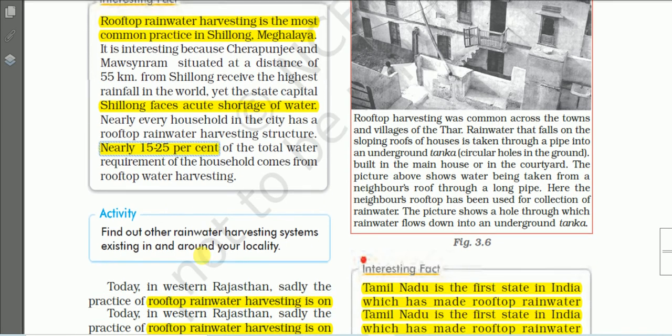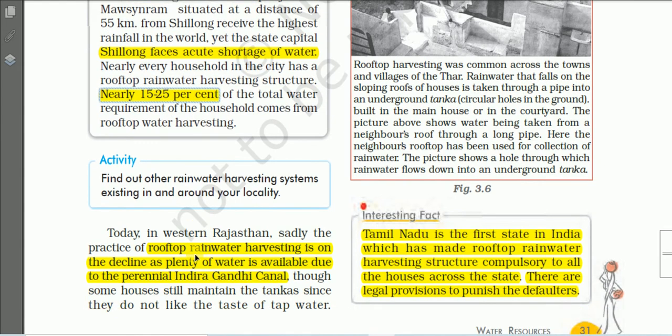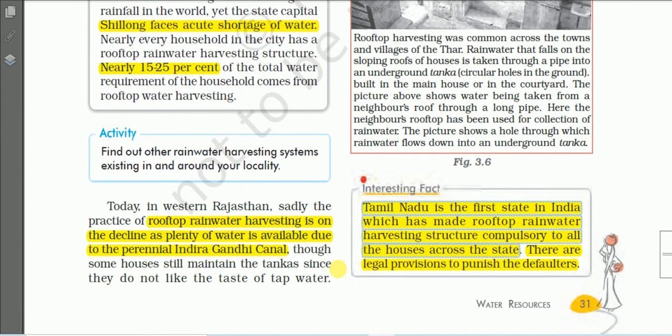And we have one more piece of information. Tamil Nadu is the first state in India which has made rooftop rainwater harvesting structures compulsory for all the houses across the state. And there are legal provisions to punish the defaulters. If there is no rainwater harvesting structure in a house, then the government may punish the household members.